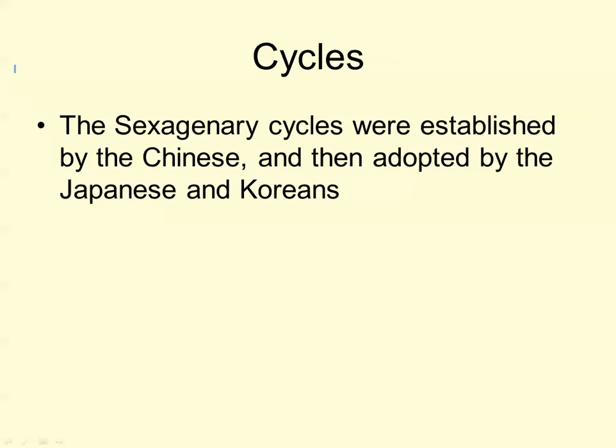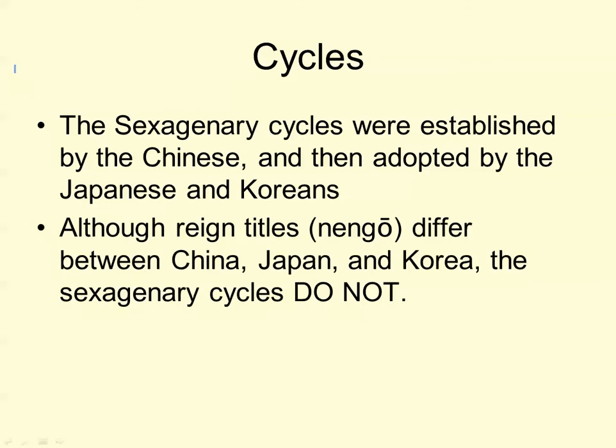The sexagenary cycles were established by the Chinese, and then they're adopted wholesale by the Japanese and the Koreans. What do I mean by that? Well, you can be looking at any year in Chinese or Japanese or Korean history, and if you're looking at the cycle assigned to that year, it will be the same in Japan as it is in China.